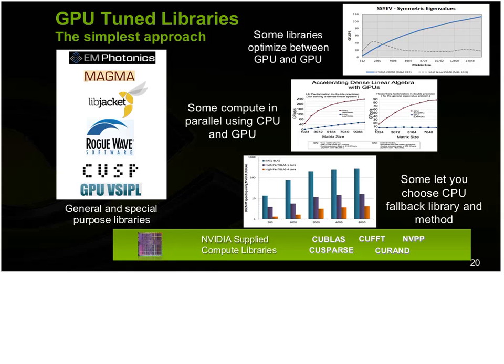It doesn't make any sense to move it across. But companies like EM Photonics have released libraries where they know where the crossover point is, and that's actually what this top graph represents. So effectively, for small matrix size, you follow that light dotted line to get better performance on the CPU. But the moment the GPU actually performs faster, which happens once the matrices get big enough, at that point you should move the data across.